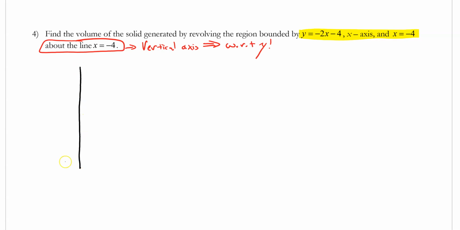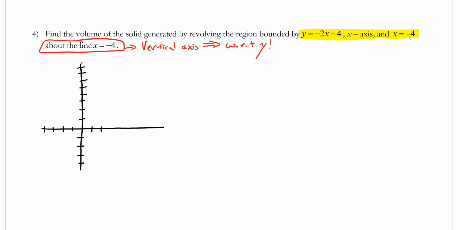So we've got this right here. We're going to 1, 2, 3, 4. Let's see. 1, 2, 3, 4, 1, 2, 3, 4, 5, 6, 7, 8. I'm not sure how that's going to go.